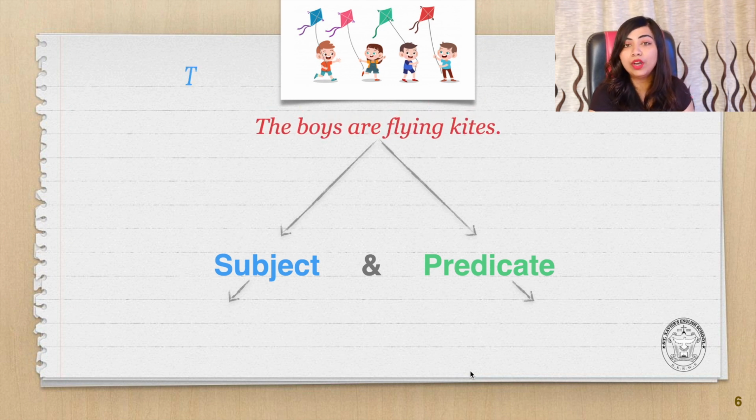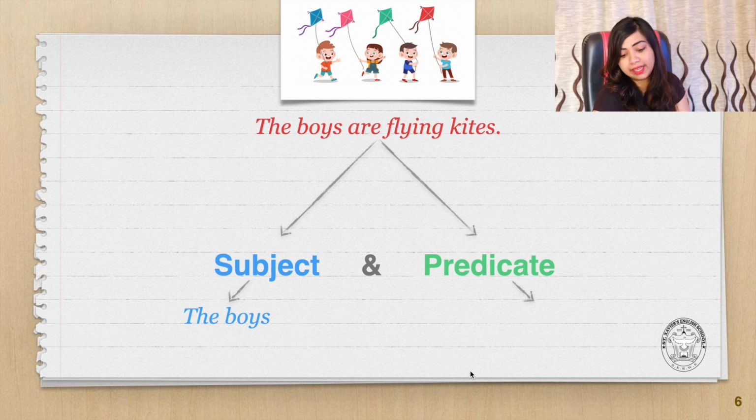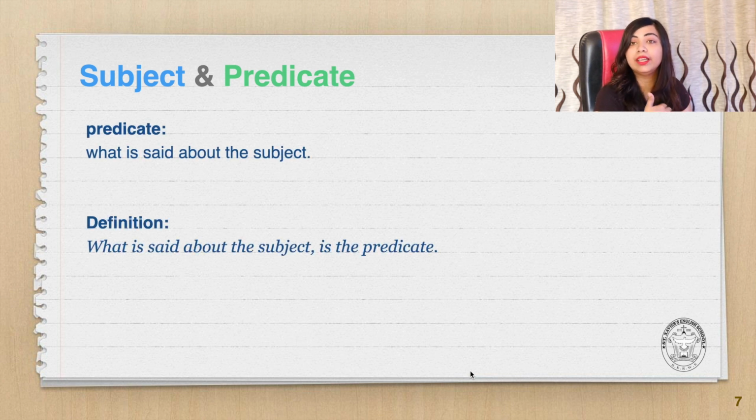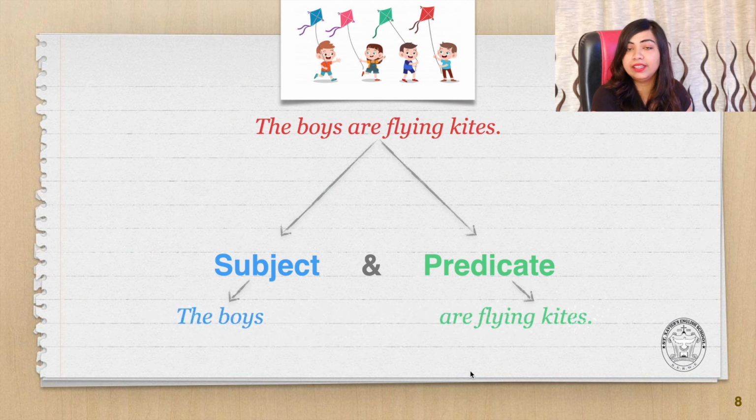Here, the boys is the subject because we are saying something about the boys. Now, what is a predicate? What is said about the subject is the predicate. For example, the boys are flying kites. Now, are flying kites is the predicate, as something is being said about the subject.